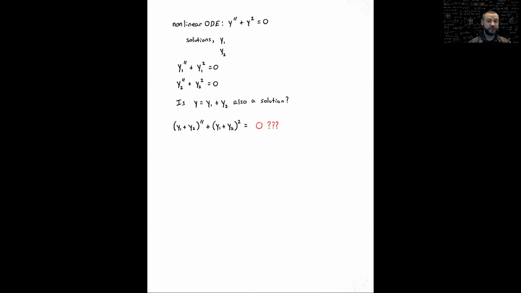Now, if it is a solution, when we plug it into the differential equation, since the right-hand side of that differential equation is 0, we would want to get 0 for our right-hand side if y1 plus y2 is a solution. All right, so I'd like you to pause here and try to work this out yourself. Maybe give yourself a minute. We'll check in after that, but I want you to at least make an attempt at this.